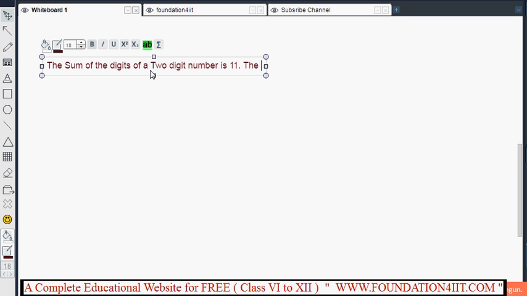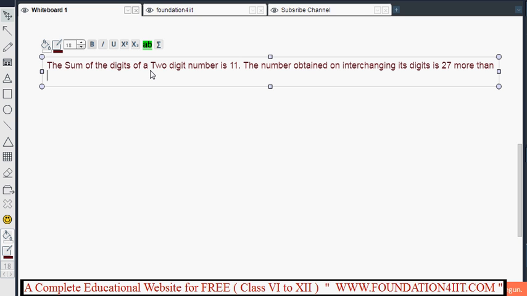The number obtained on interchanging its digits is 27 more than the original number.